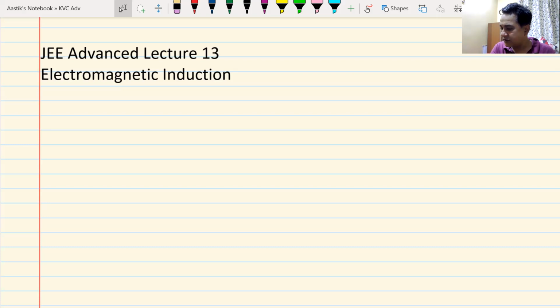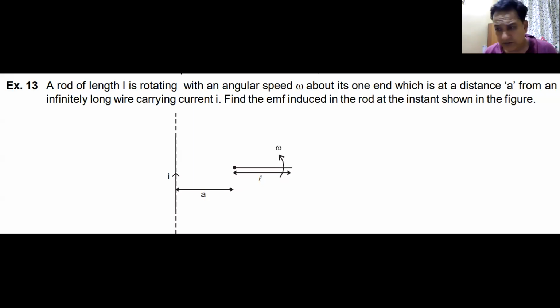Did you try that question? Did you get any answer? I think this was the question. We had a rod of length L rotating with an angular speed omega about one of its ends, placed in a non-uniform magnetic field. Remember, whenever an infinite wire is given, it produces a non-uniform magnetic field.